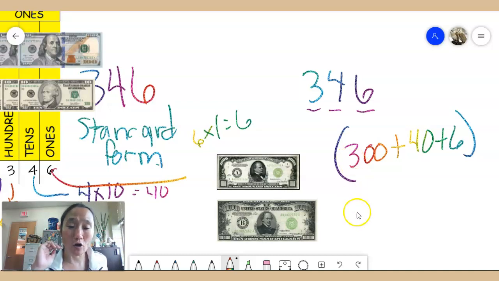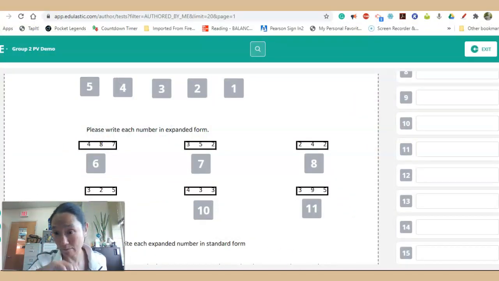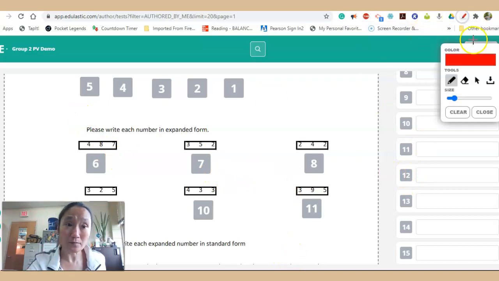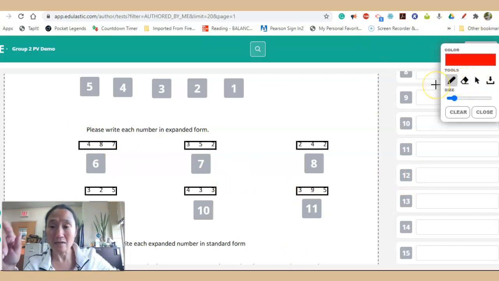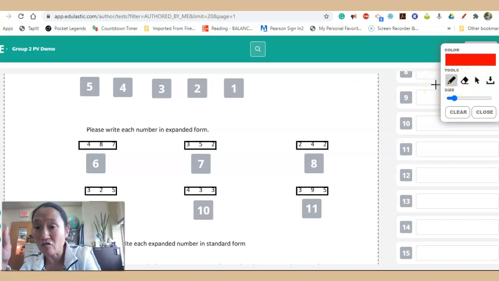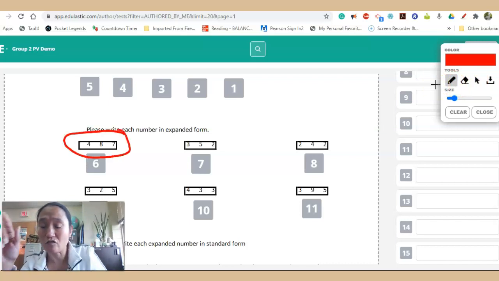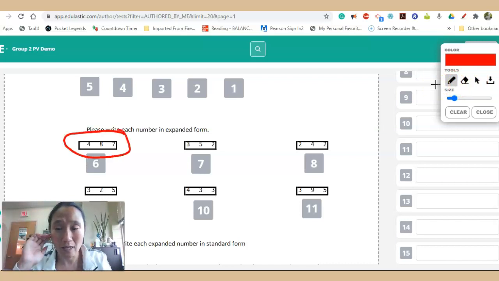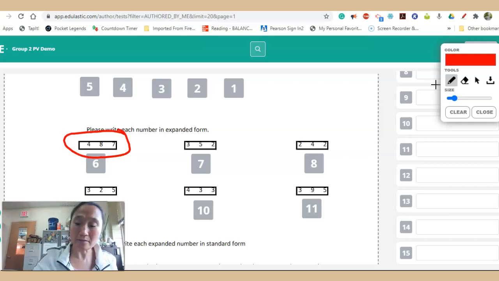So now let's take a look at what this looks like on the worksheet. In this number right here, you see that you have the standard form. It tells you how many groups in each place.